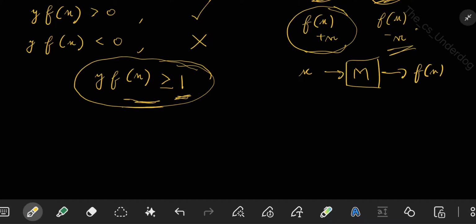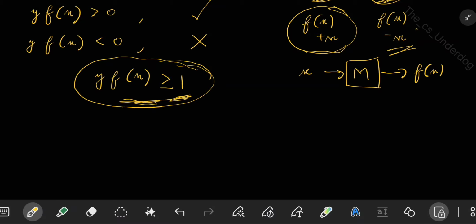This is the logic. Next thing you have to understand is, we'll see how exactly we want the loss to be. I already told you, if it is not correct by a considerable margin, you will penalize. You will say loss is not 0.